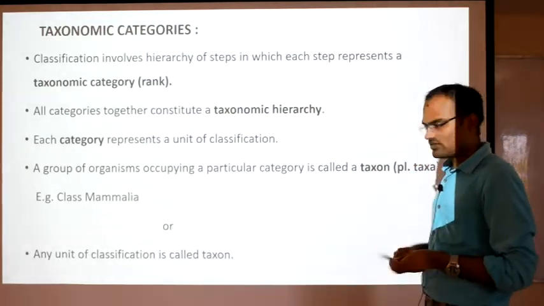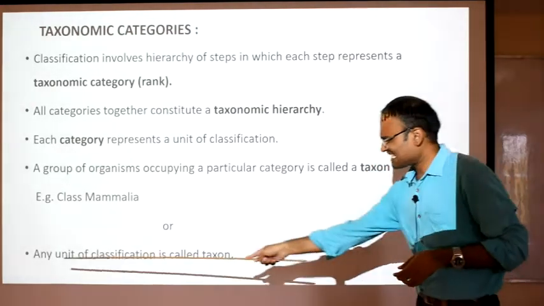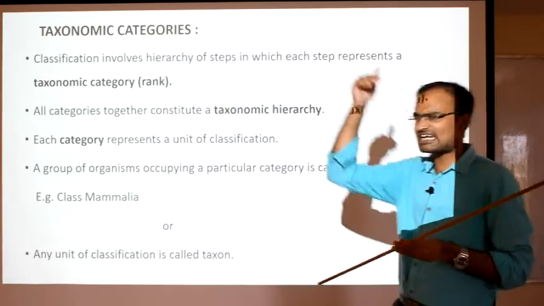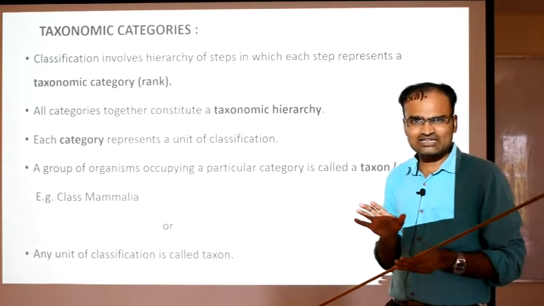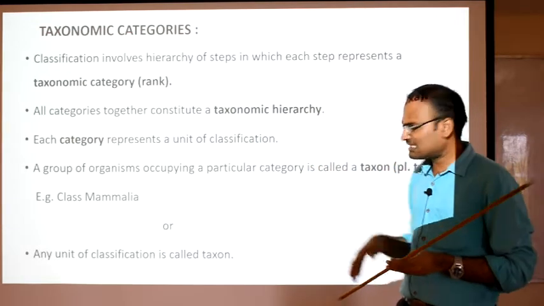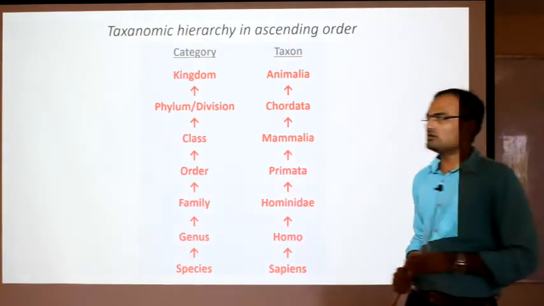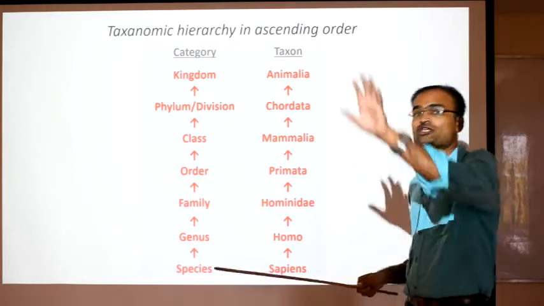Or else we can give another definition for a taxon: any unit of classification is called a taxon, any unit starting from kingdom ending with species. There are a total of 7. Any unit we can consider as a taxon. Understood?